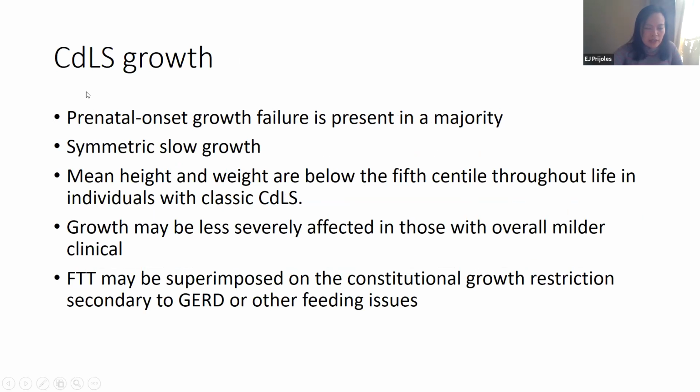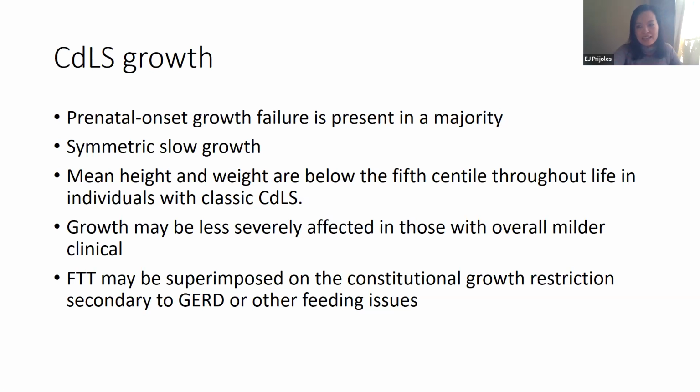And again, just characteristics of the growth. Individuals can have prenatal onset growth failure, which is present in most. Their growth is symmetric and slow, and the height and weight continue to be below the 5th percentile throughout life.